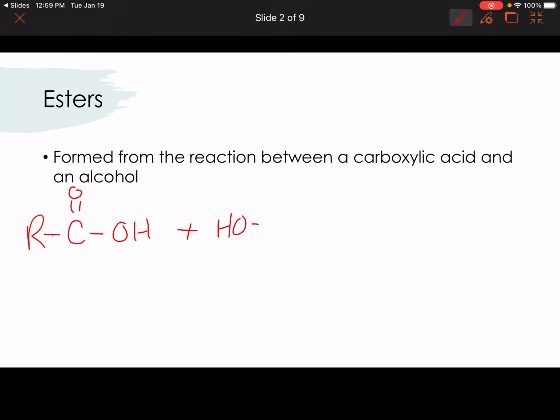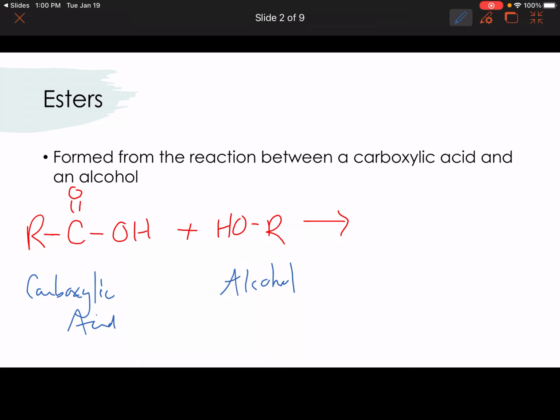So if we've got our alcohol here, so that R again is just a part of a chain, they're going to combine to form an ester. Now I'm just going to switch colors here and show you what happens. So what ends up happening when these things react, again, we've got the carboxylic acid and we've got an alcohol.